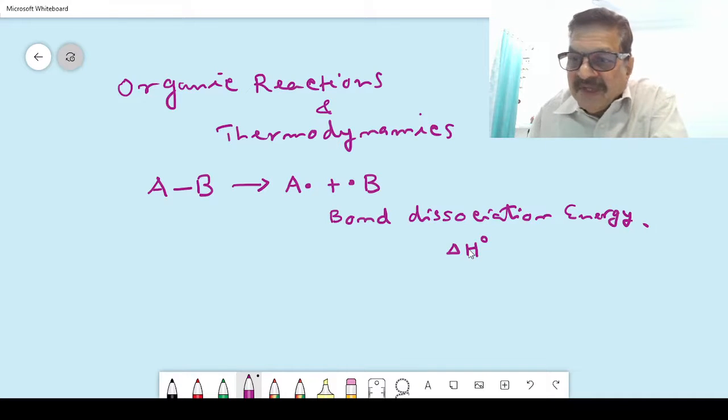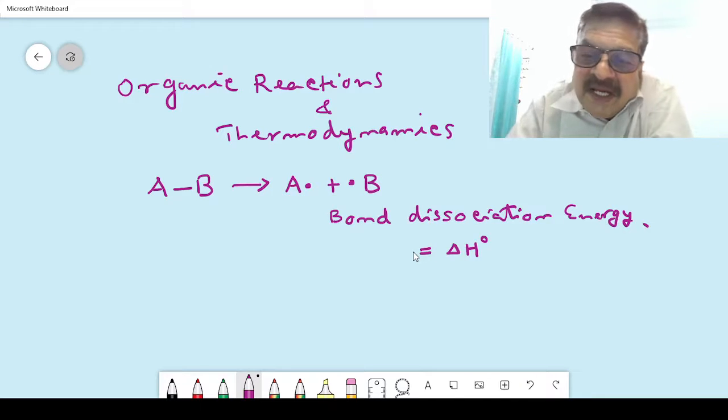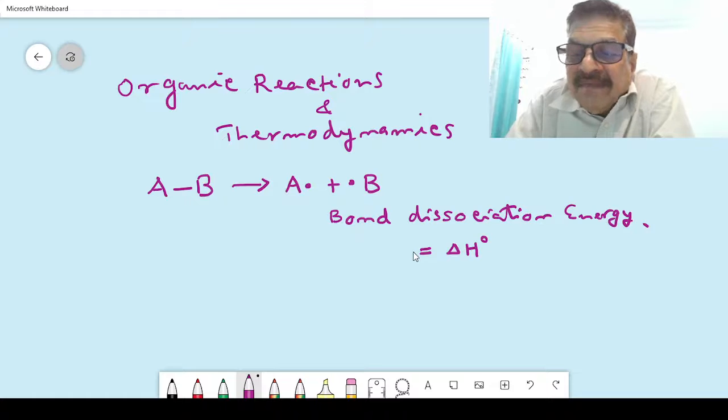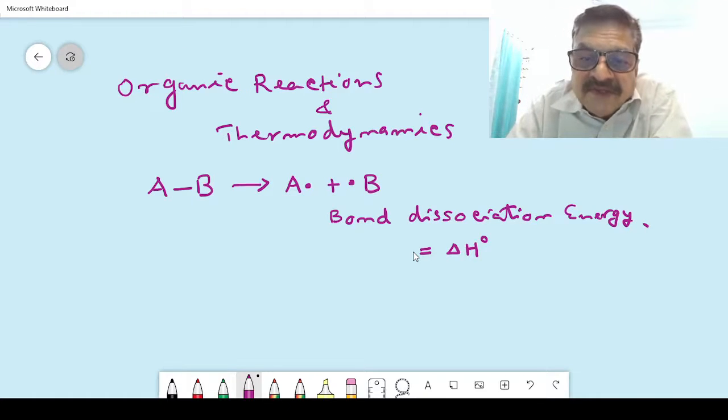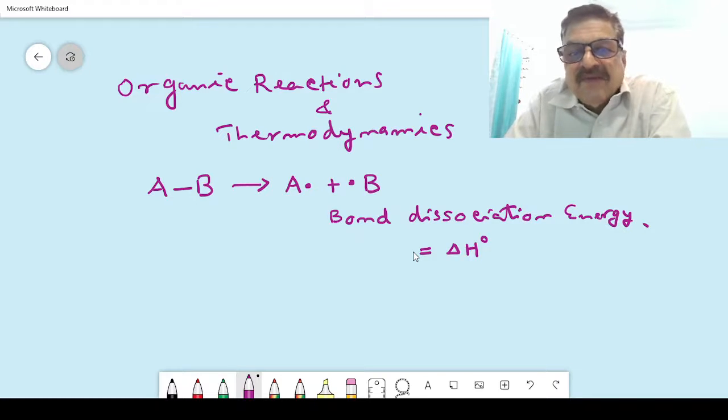This indicates that the values are determined under standard conditions, so a standard temperature of 25 degrees Celsius and atmospheric pressure and so on. Okay, so this is bond dissociation energy.